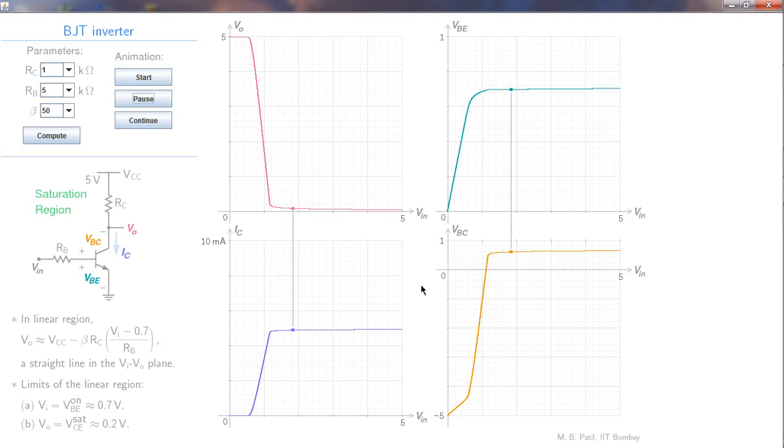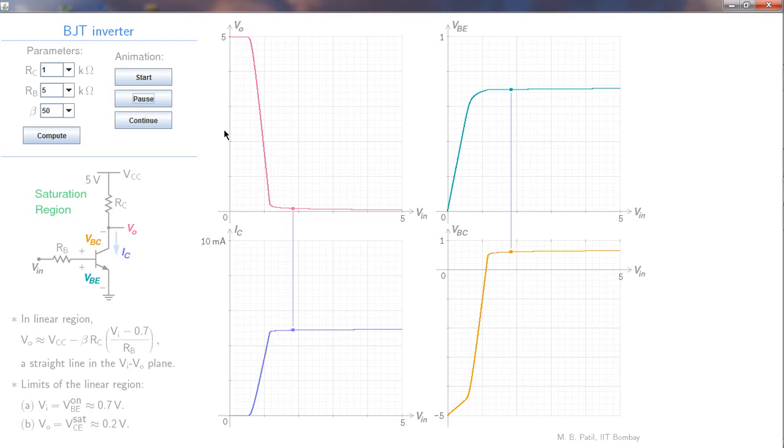The base collector junction is now under forward bias because VBC has become something like 0.6 volts. The base emitter junction continues to be in forward bias, and beyond this point things are not really going to change except for the input voltage.